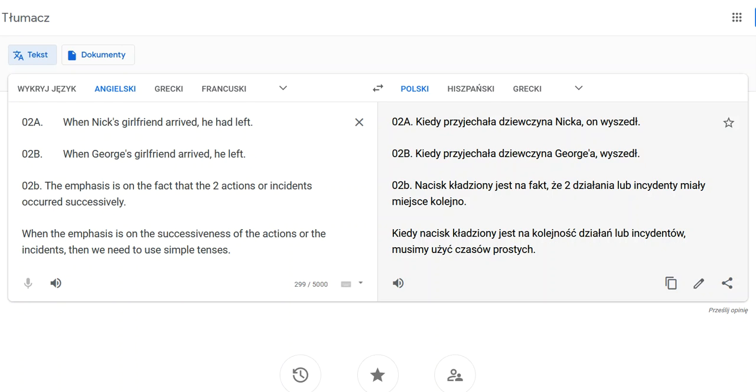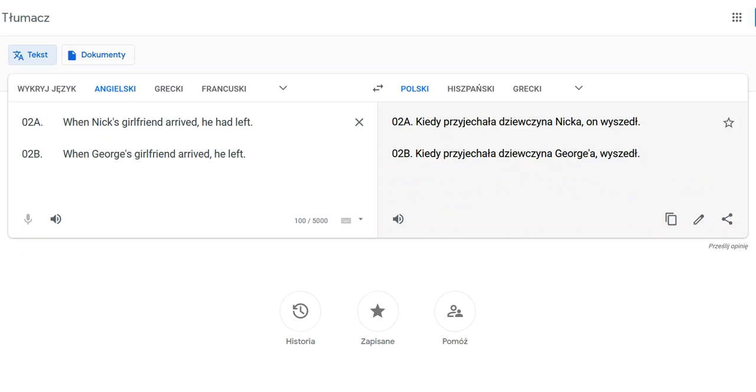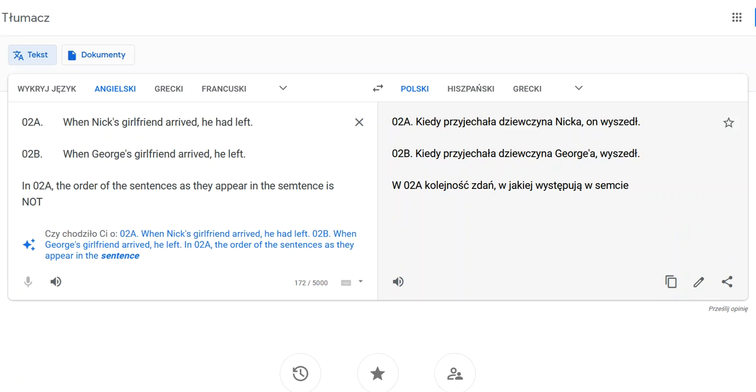So in 2b, in 2a, the order of the sentences as they appear in the sentence is not important.